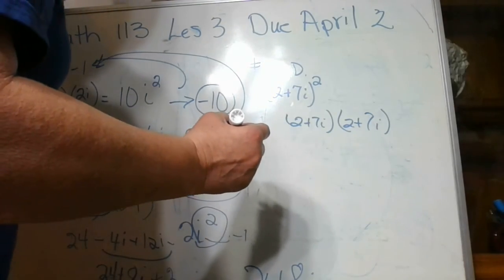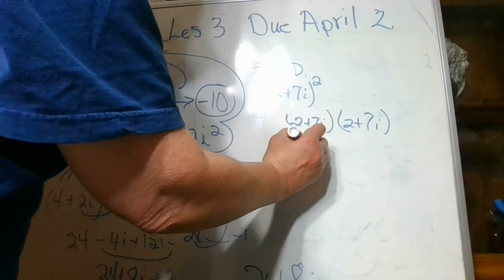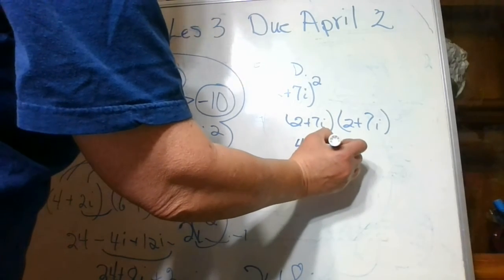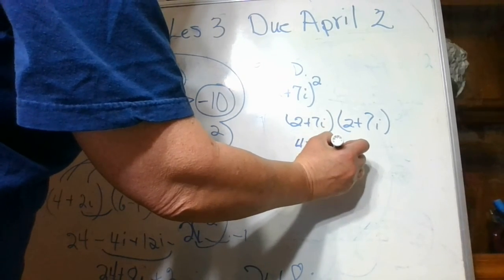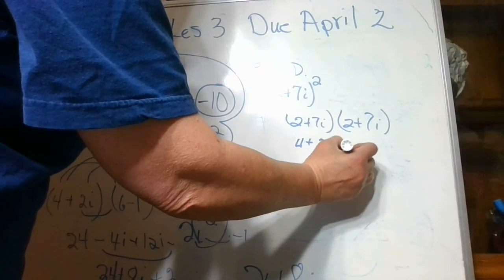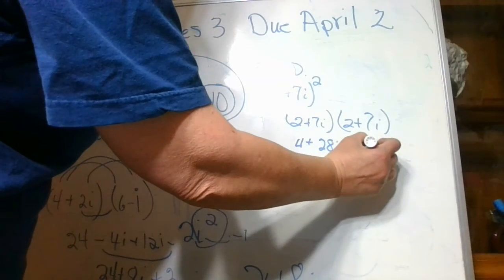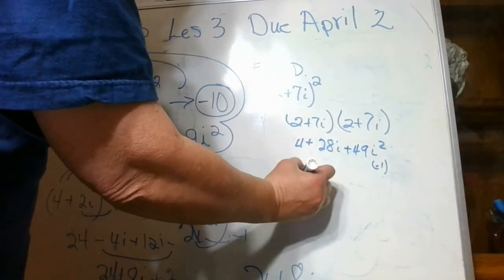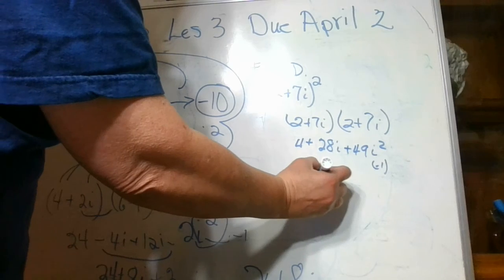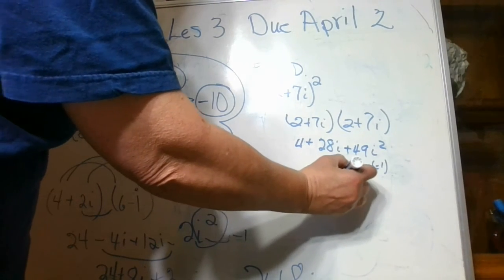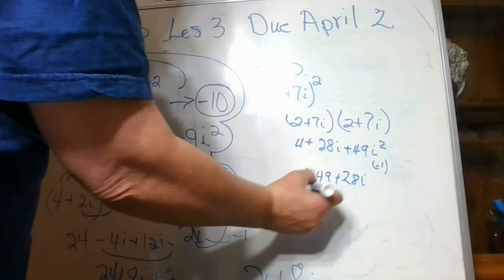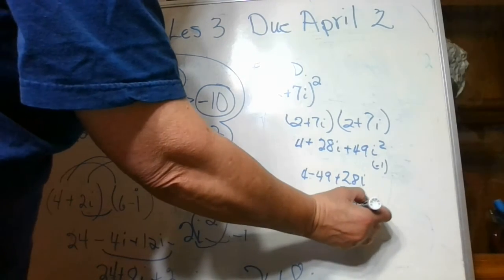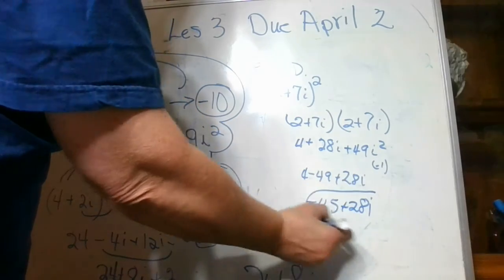And when you FOIL that, you're going to get 4 plus 28i plus 49i squared. I squared, remember, is -1. So now I have 4 subtract 49 plus 28i. So it would be -45 plus 28i, and that would be your answer.